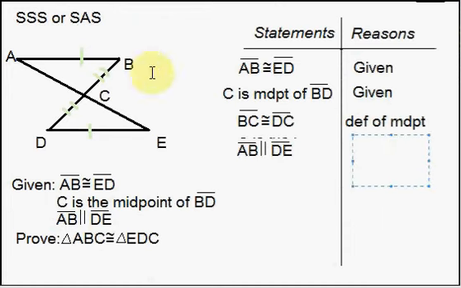Whoops, didn't even make it green. Okay, alright, now when we are talking about parallel lines, we know that the next thing we're looking for is angles that are congruent, and usually we're going to be looking for alternate interior angles.